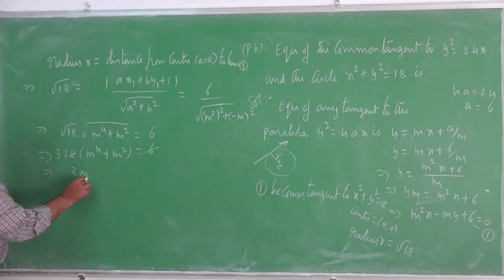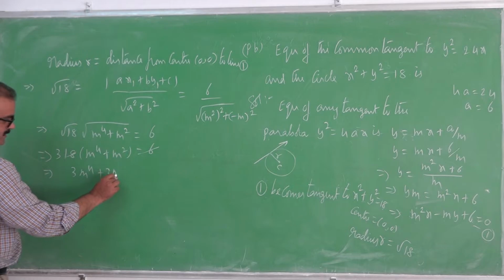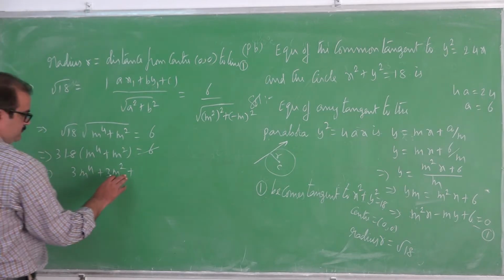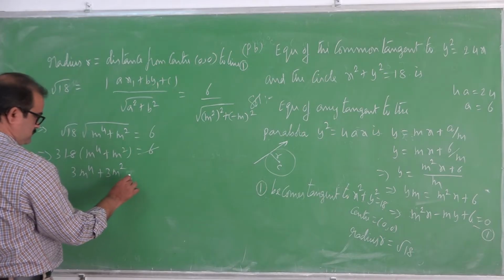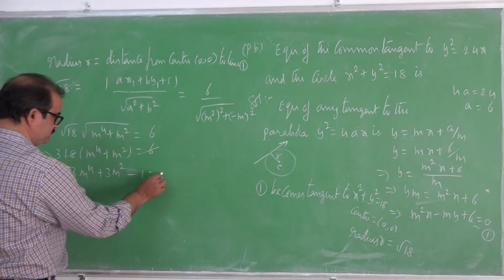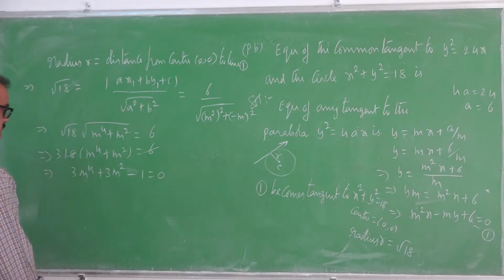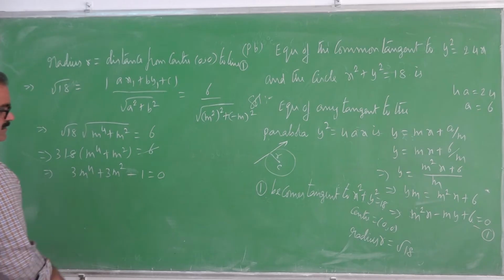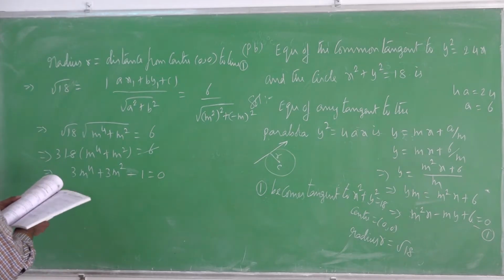So 3m power 4 plus 3m square minus 1 is equal to 0. Okay, find the factors and find the value of m.